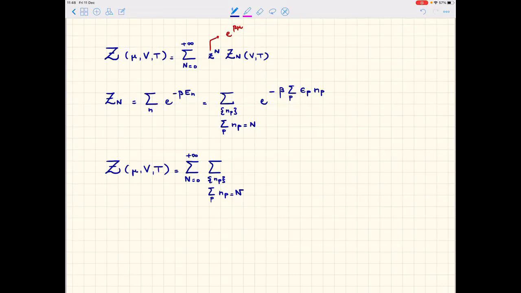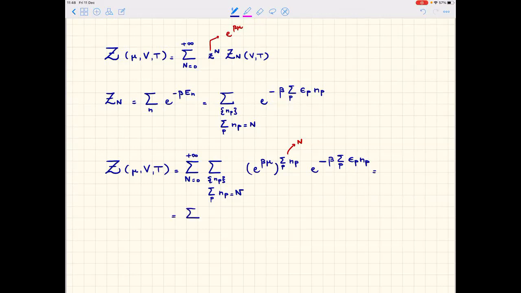But z to the n, I can write as e to the beta mu to the power n, and n is equal to the sum over p of n_p, right? And then e to the minus beta sum over p of epsilon_p n_p.